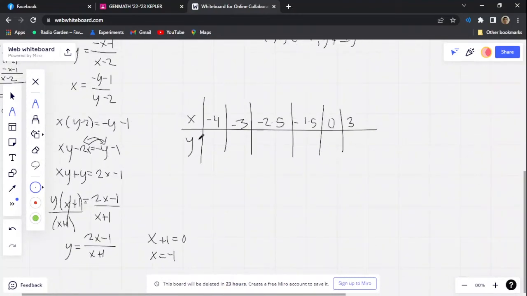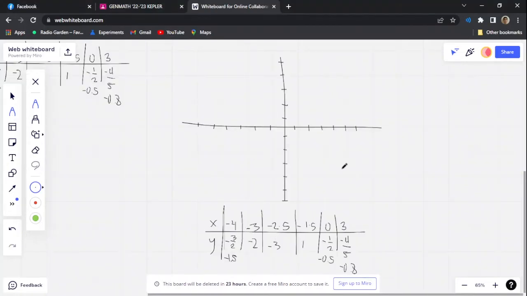We have a y value of 3 over 2 or 1.5 for negative 4, and then negative 3, negative 2.5, negative 1.5, 0, the y values are negative 1 half, or negative 0.5, and for 3 we would have negative 4 over 5, or negative 0.8.